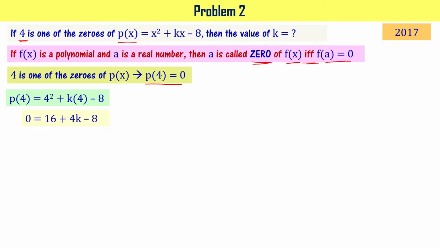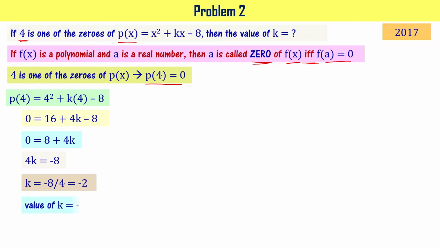Let's simplify it such that I can write it as 16 plus 4k minus 8 equal to 0. That is 8 plus 4k equal to 0. It means k equal to minus 8 by 4, that is equal to minus 2, right? So to answer the question, the value of k is minus 2, right?